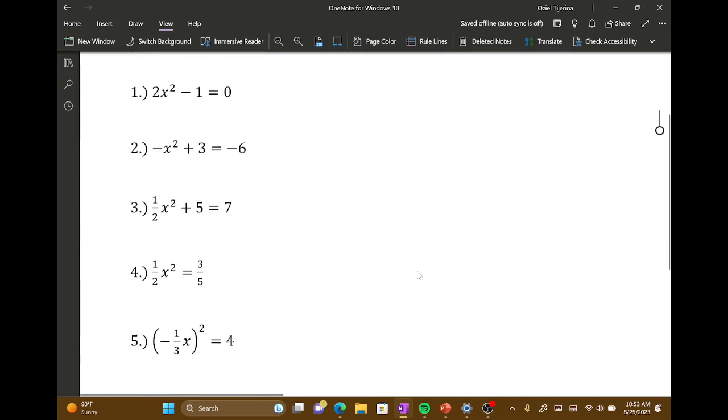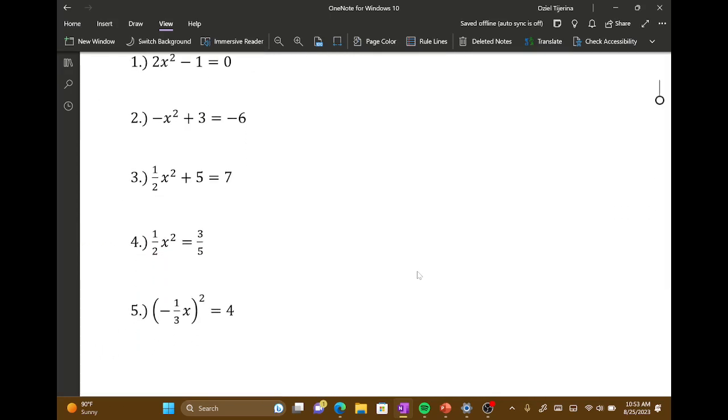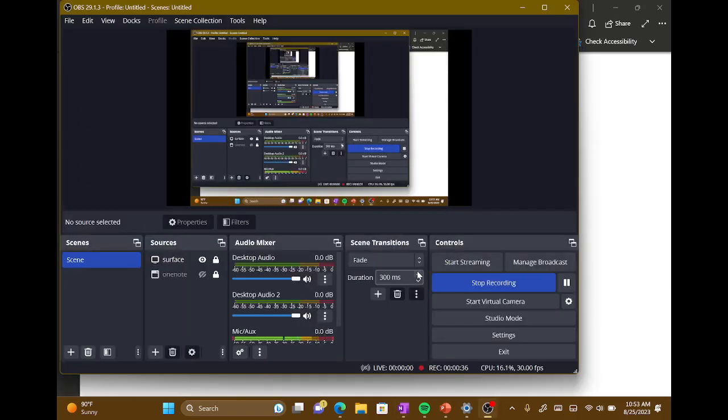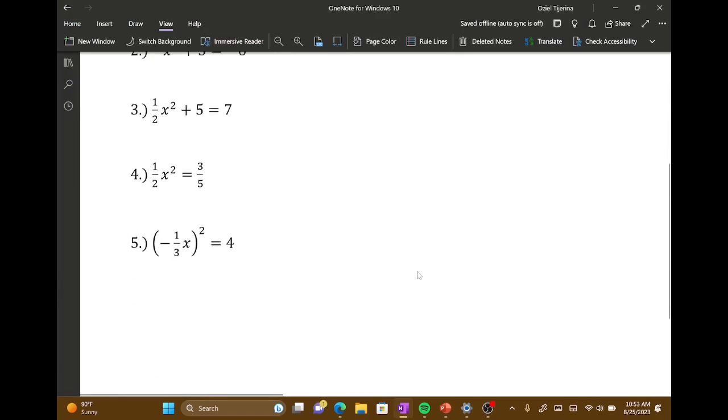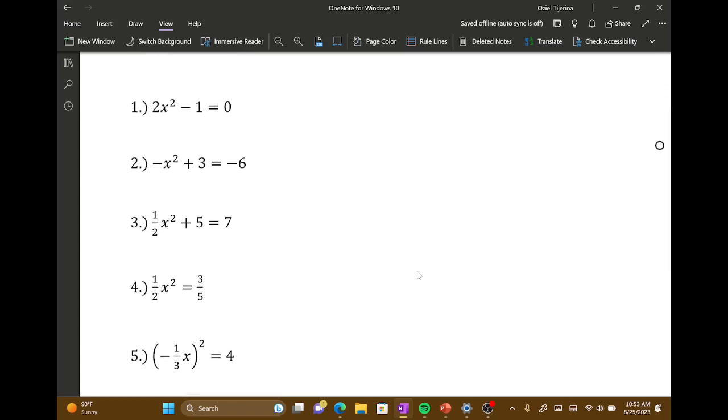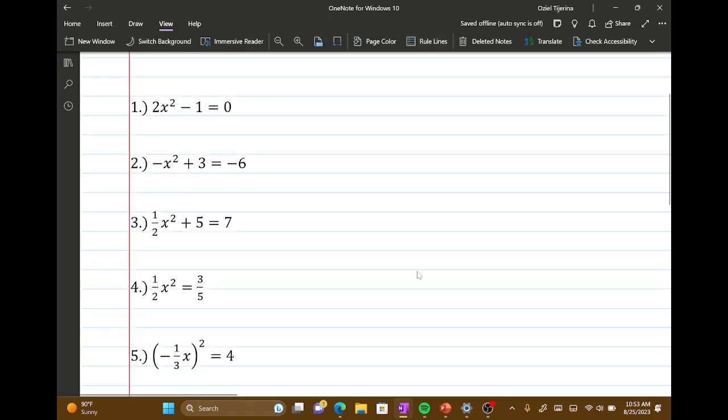I will make a video over that later, but this is for problems where there are no complex solutions, meaning imaginary numbers.